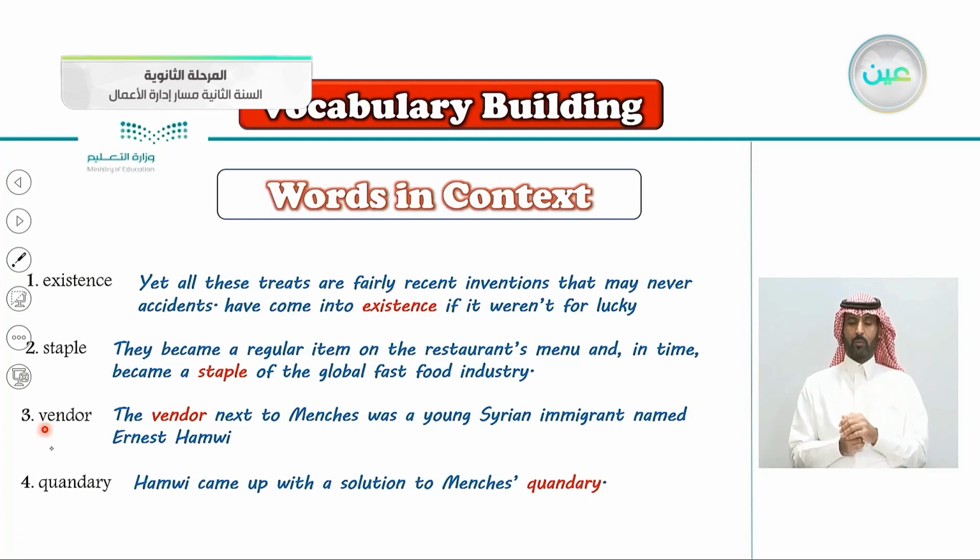The word vendor: "The vendor next to Menches was a young Syrian immigrant named Ernest Hamawi." Number 4, quandary: "Hamawi came up with a solution to Menches' quandary."